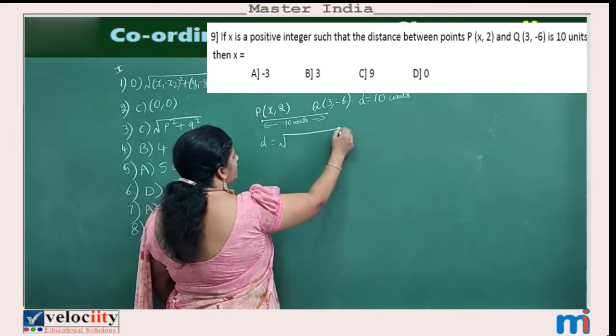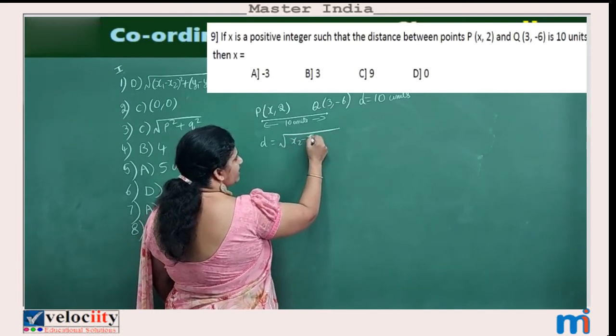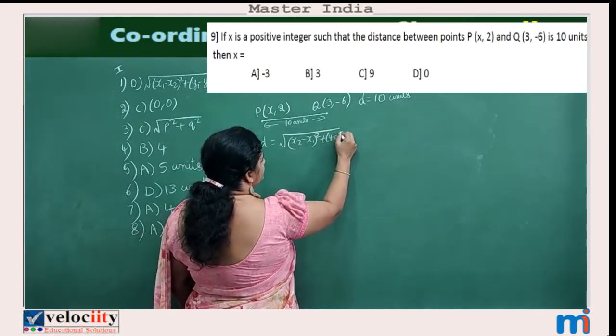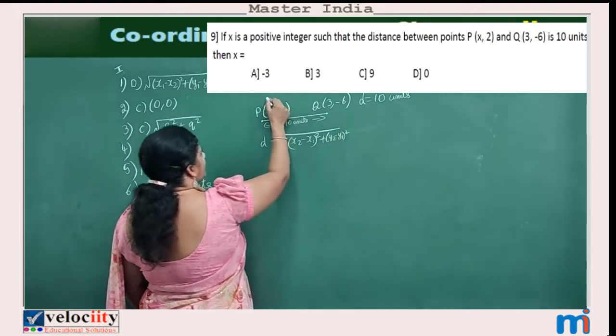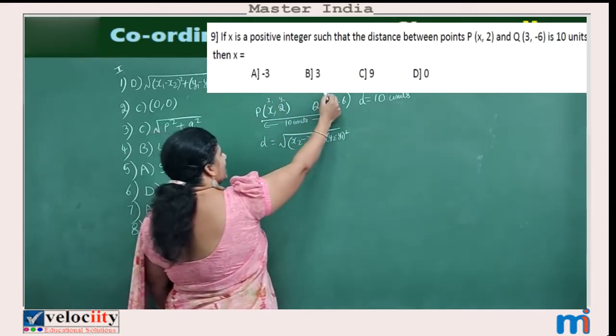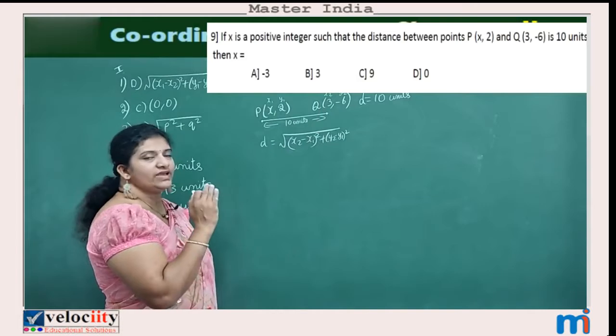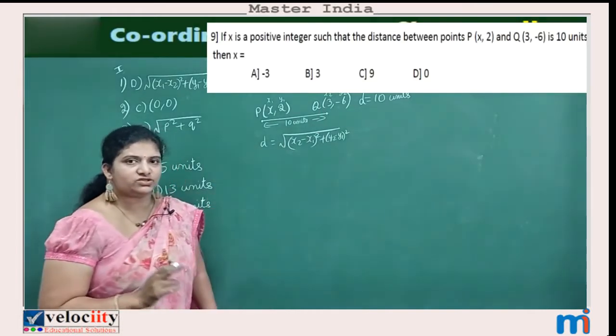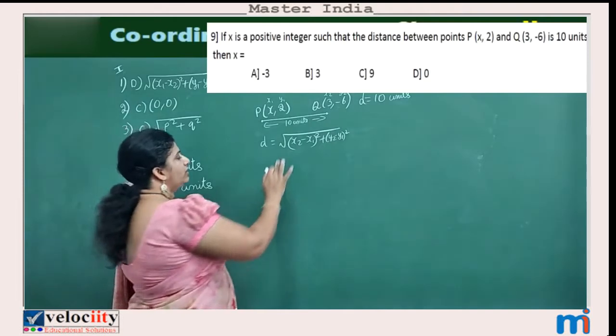D is equal to square root of (x2 minus x1) whole square plus (y2 minus y1) whole square. Mark this x1, y1, x2, y2. Always when you are substituting in a formula, try to mark x1, y1, x2, y2 compulsorily. Now substitute.